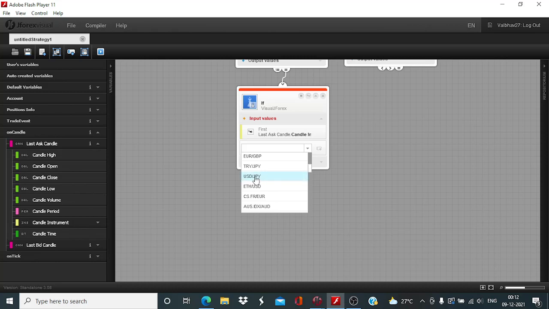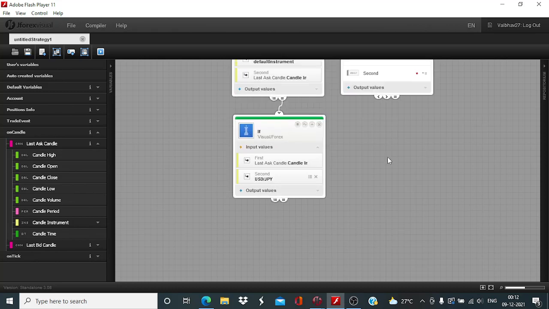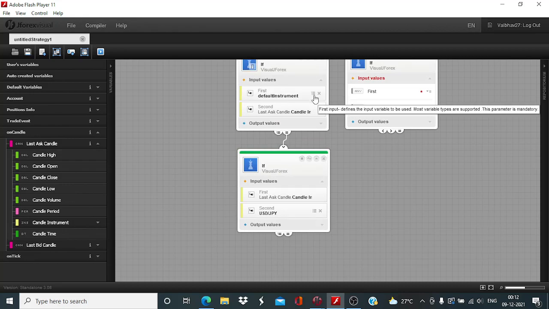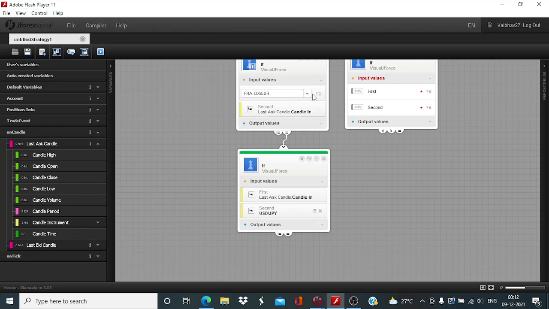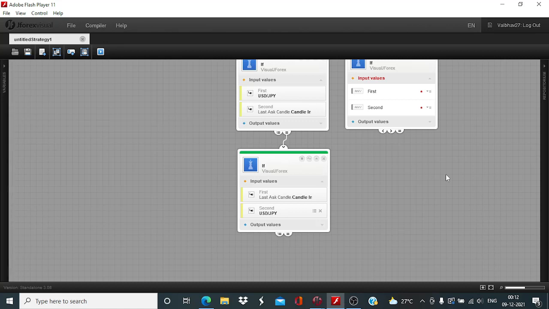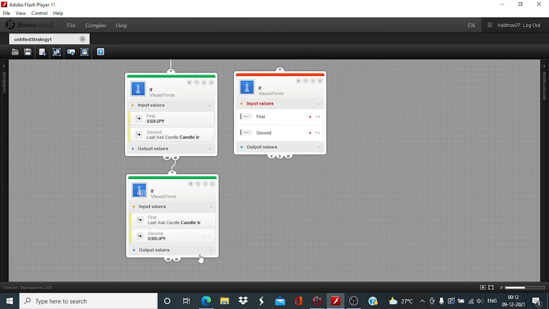Okay, we will take USD JPY instead, and I will change the default instrument. Okay, so here our instrument subscription is done.